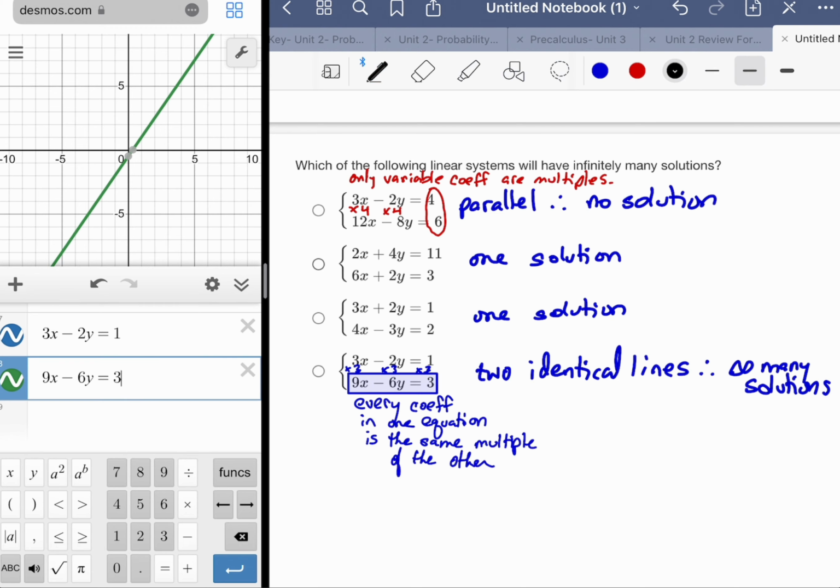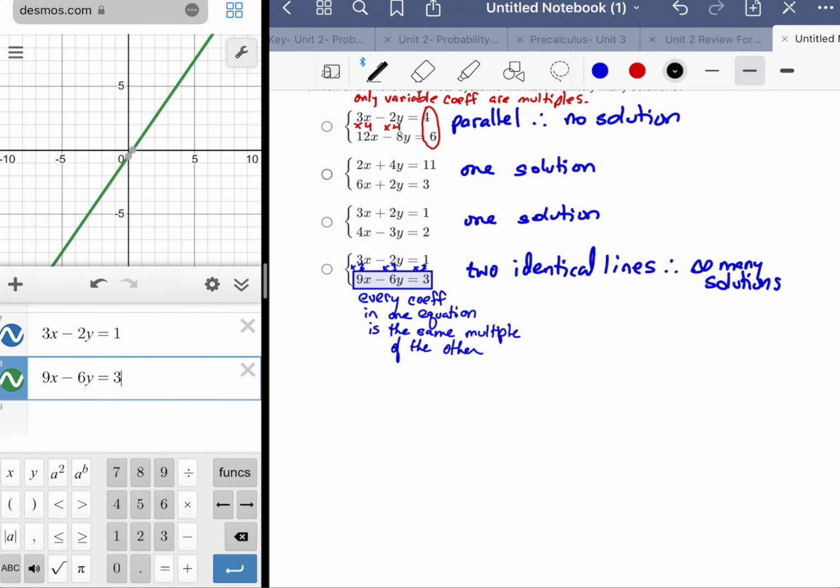All right, so I'll just give you a quick example here. Let's say, for example, you had 11x plus 5y equals 3. And then we had 55x plus 25y is equal to 7. Just by looking at this, I can say, all right, I multiply by 5, multiplied by 5.